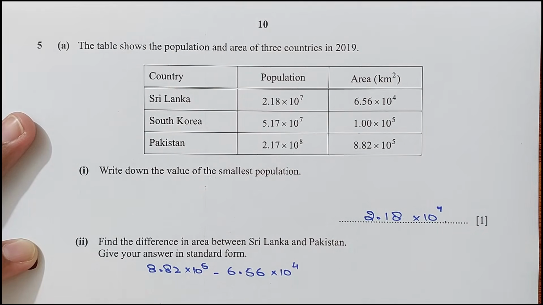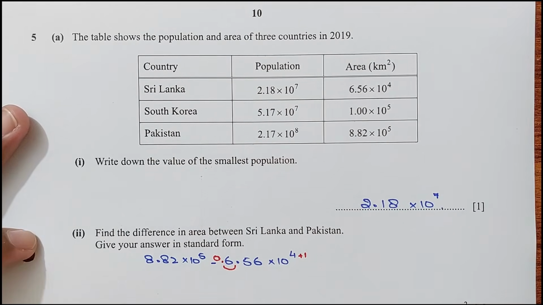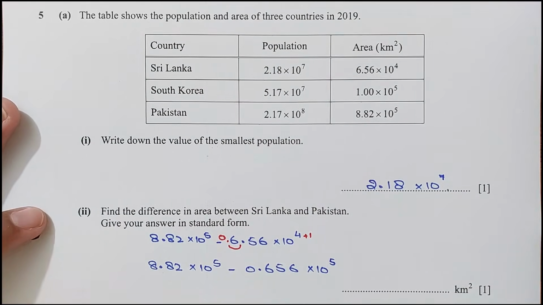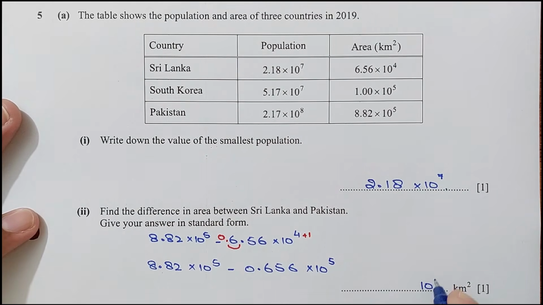So let me add the power 1 here and shift the decimal place. This becomes 8.82 times 10 to the power 5 minus 0.656 times 10 to the power 5, right? The answer is in 10 to the power 5. Let me subtract them.